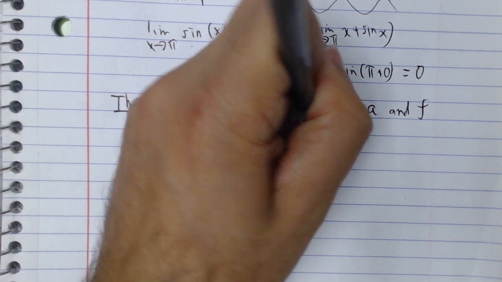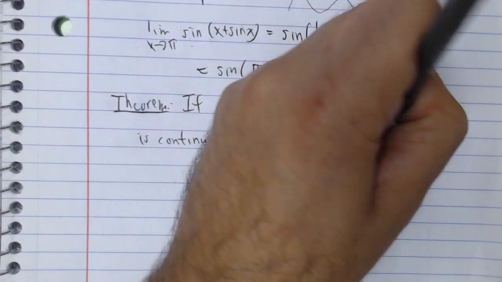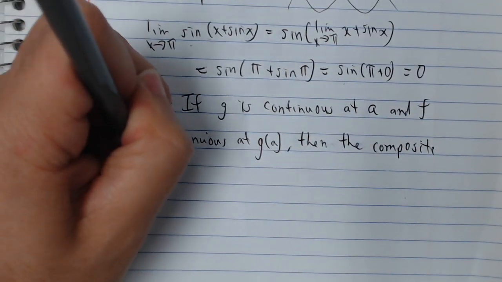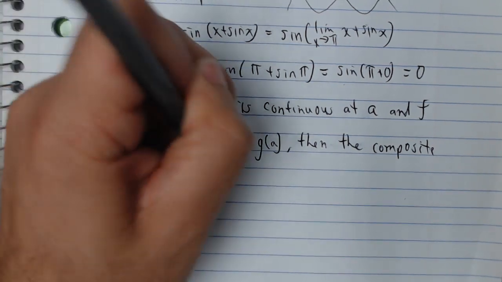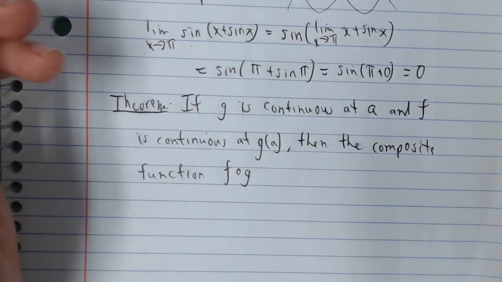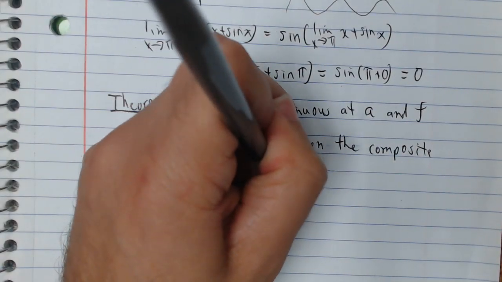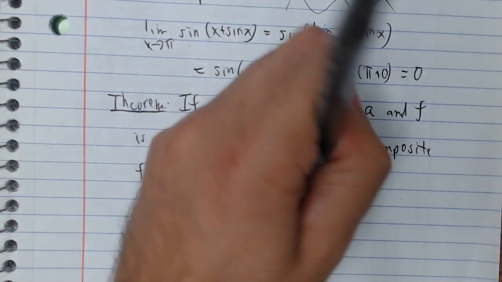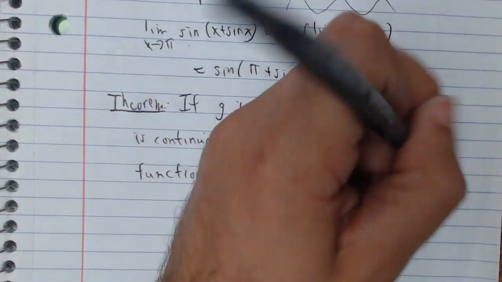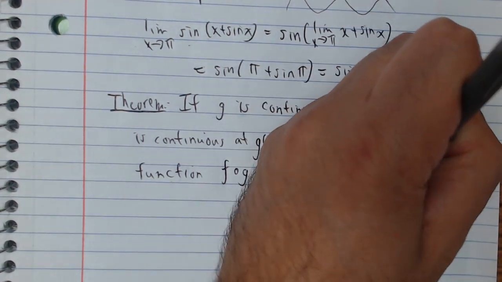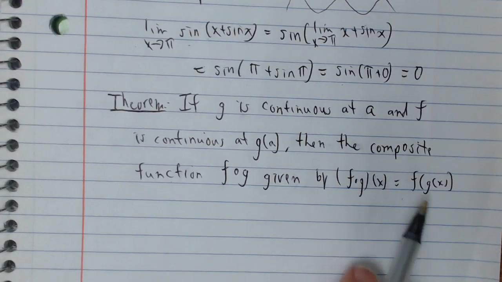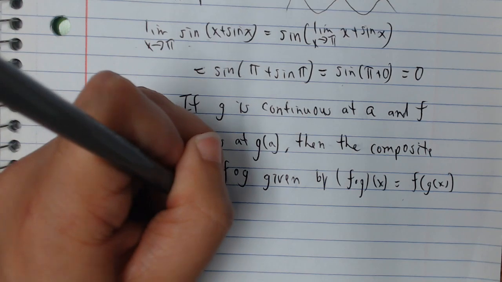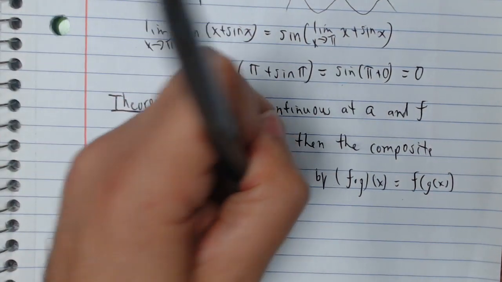So then the composite function f of g, given by f of g of x, which is the same thing as f of g of x written as that, is also continuous at a.